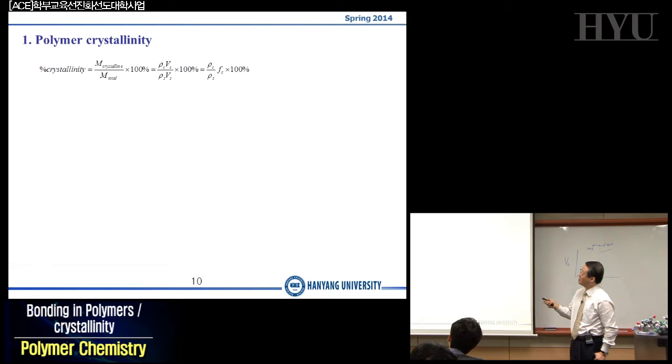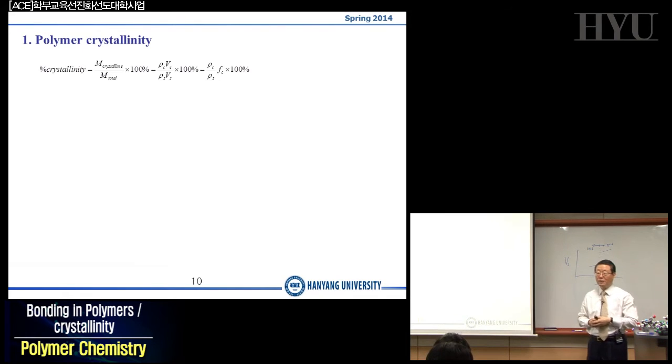Mass is defined as ρ times V, because ρ is defined as m divided by V, and you can add this up to here. Subscripts C, A, and S are the crystalline portion, amorphous portion, and your specimen respectively, so you can convert this to the second equation, and f_C is defined as the volume fraction of your crystalline portion.